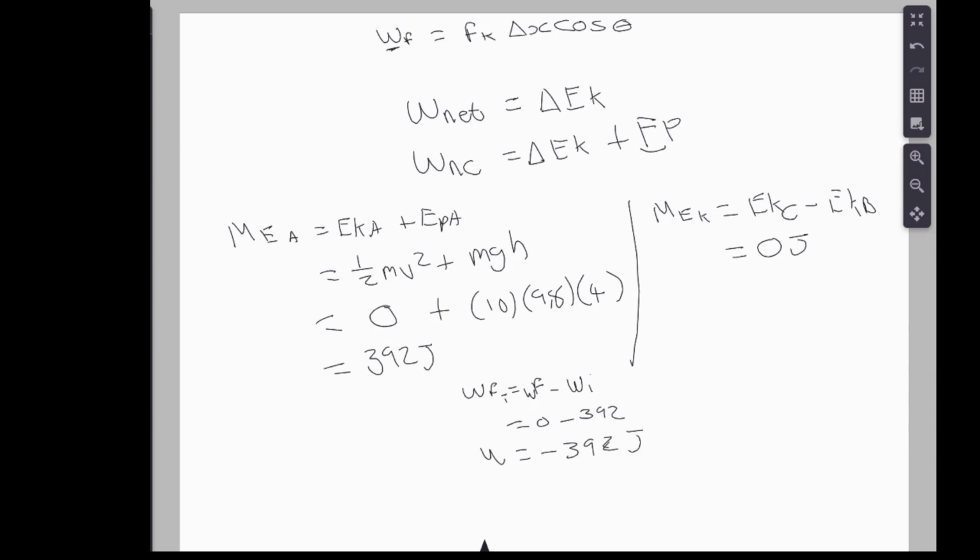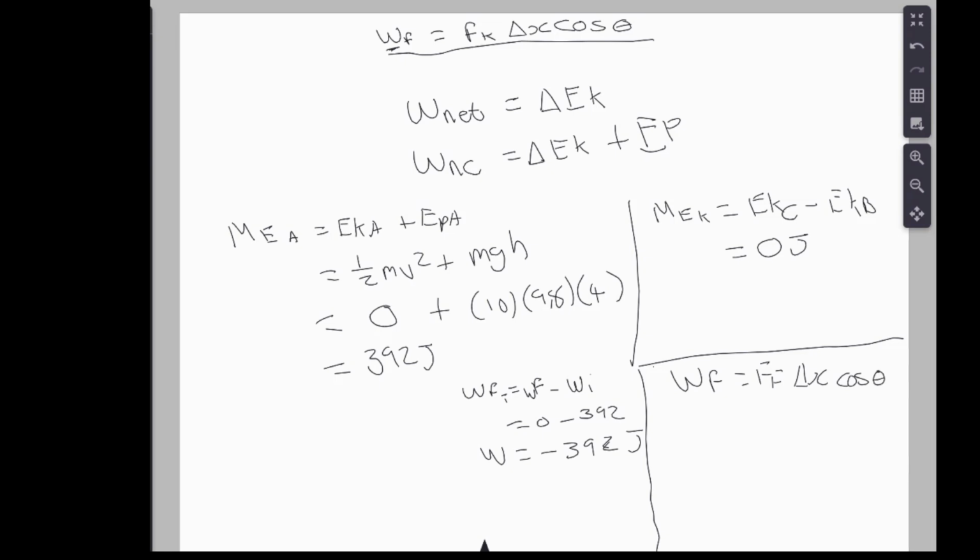Now, what did we say in the beginning? We said we're going to use this as our final formula: work is equal to the frictional force times the change in distance times cos theta.